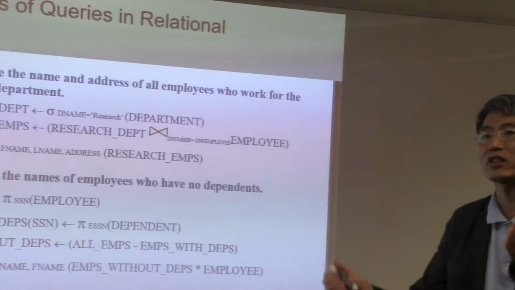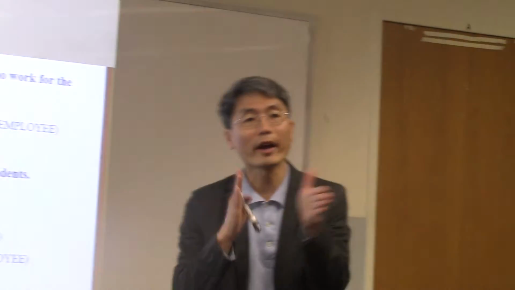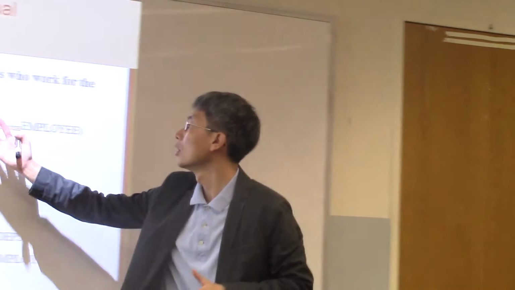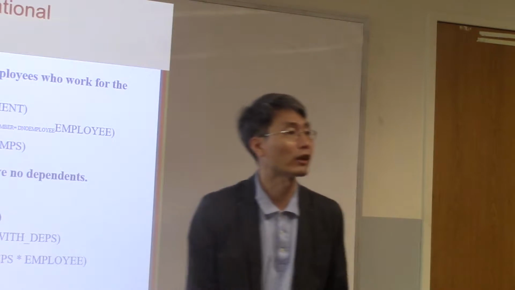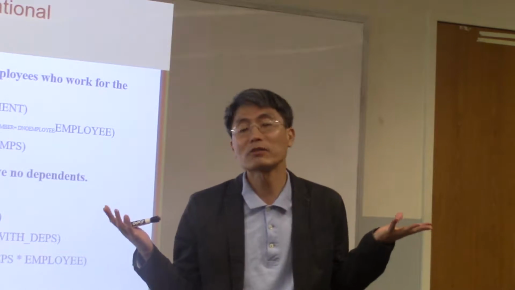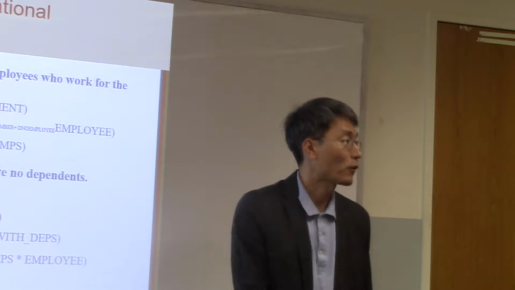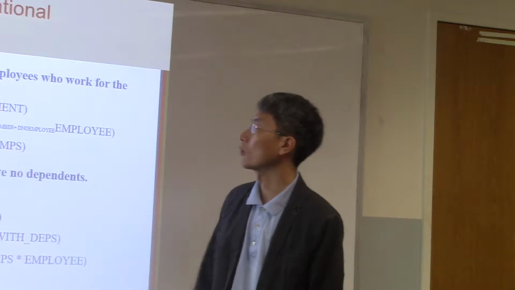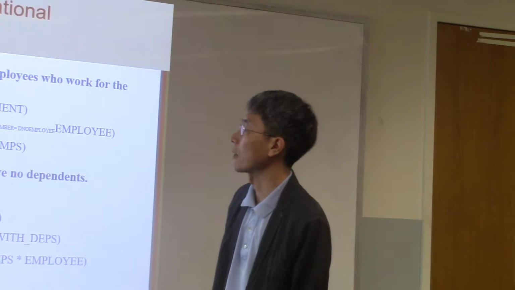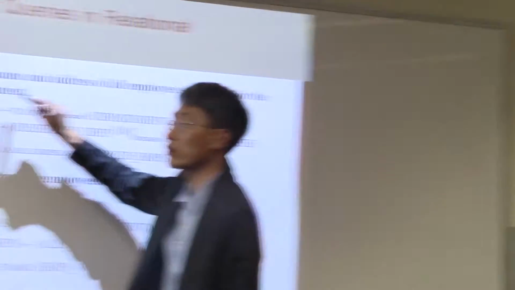Otherwise, it doesn't make sense to connect two attributes that are not related. There's no meaning. Because of that, we need to use such a referential integrity constraint to connect the two tables. Then properly we can apply the select condition.